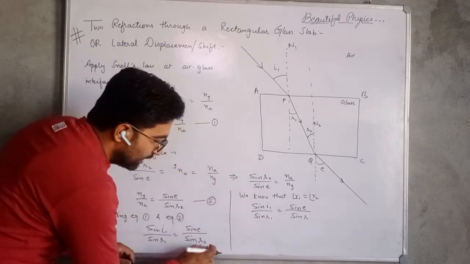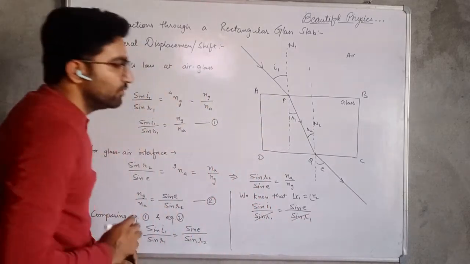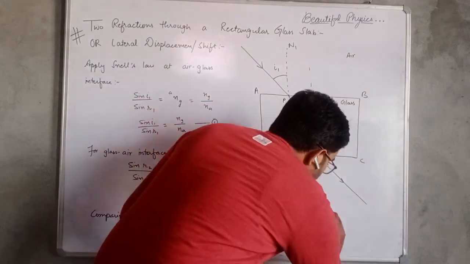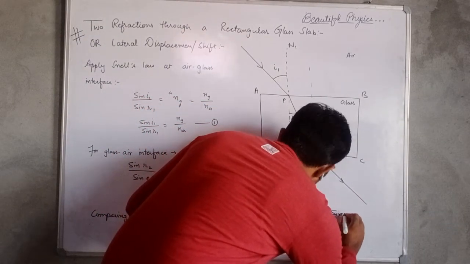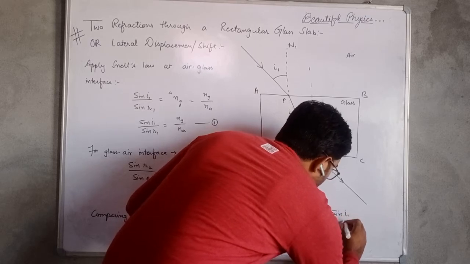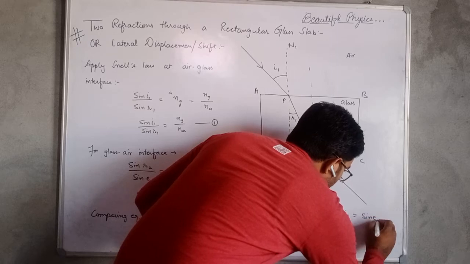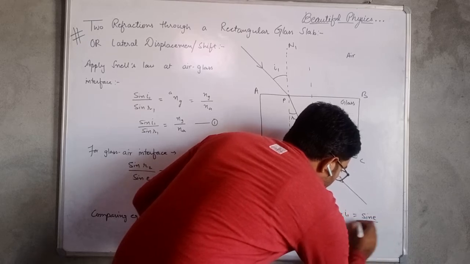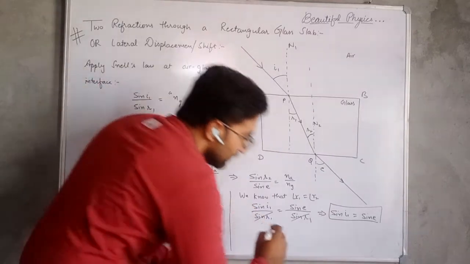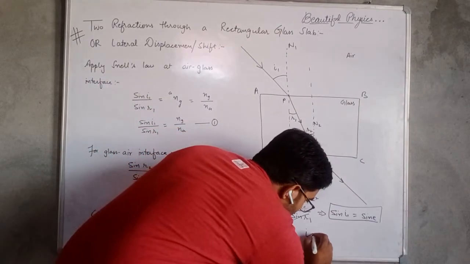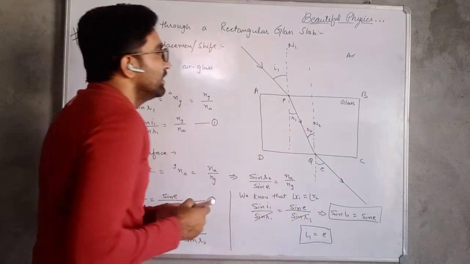In place of R2 I am writing here again R1, and these terms cancel out each other, so we remain with sine of the angle of incidence I1 is equal to sine of the angle of emergent. Okay, so this is our result, means that the angle I1 is equal to E.